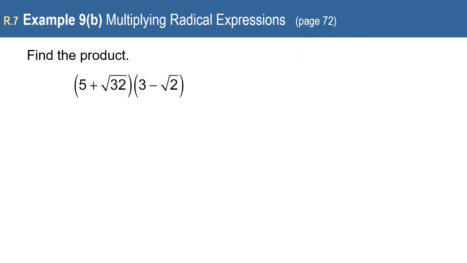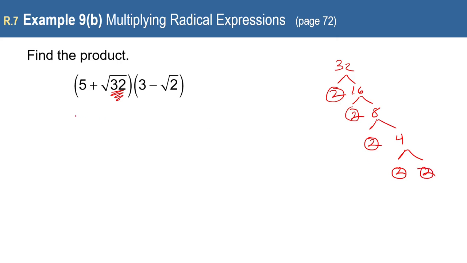For this example, unfortunately, we cannot use the formula because this is not the difference of squares, but I can simplify 32. 32 is 2 times 16, 16 is 2 times 8, 8 is 2 times 4, and 4 is 2 times 2. So use the factor tree again to break down 32.